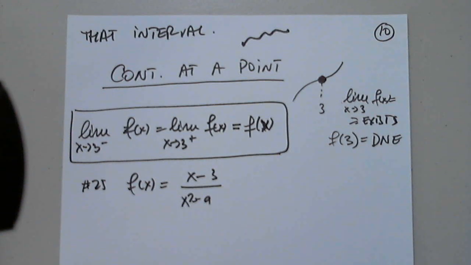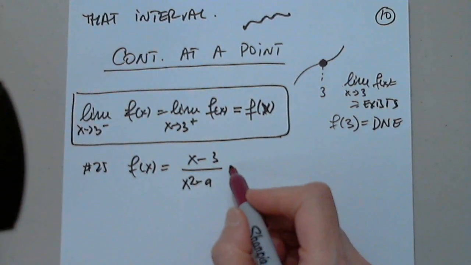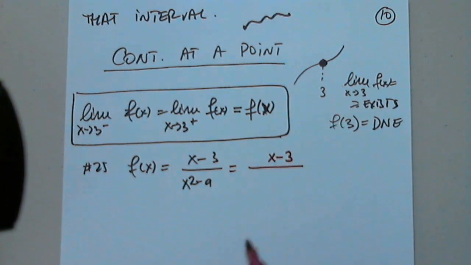Okay, so when we look at this function, we're not asked to graph it, but we have to think in terms of the domain first. We have no choice here. In order to find the domain, I will definitely have to do what?